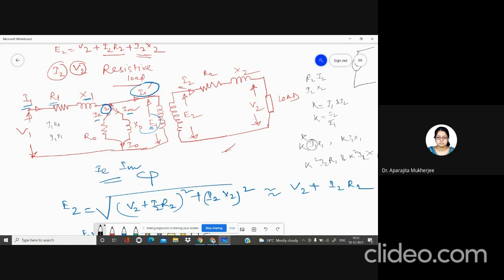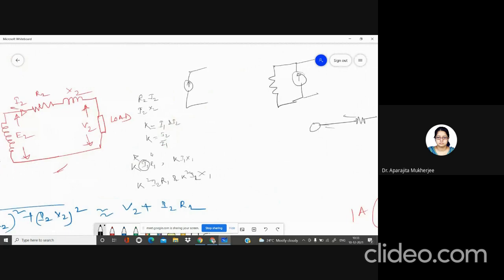Now what will be the total resistive drop in the transformer? We are referring to the secondary side. That means secondary will be there, but primary will be in terms of secondary. So the total resistive drop is I2 R2 plus the primary part, which is K square I2 R1.